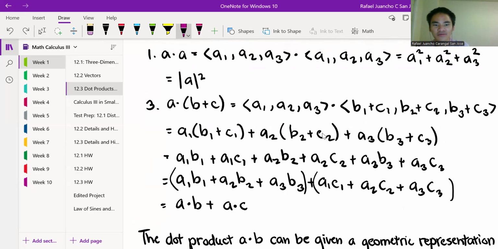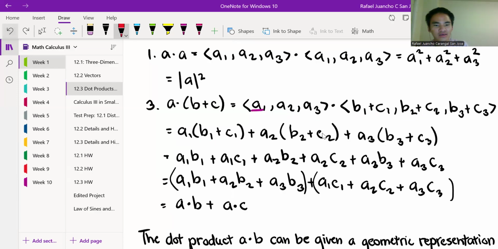Then we also did the third property, A times B plus C. We translated them into vectors. And here you notice we added them, the vector sum. And then here we multiplied it. We multiplied A1, A2, and A3 to each of these, right? So we have A1, A2, A3, and we multiply them to B1 plus C1, B2 plus C2, B3 plus C3.